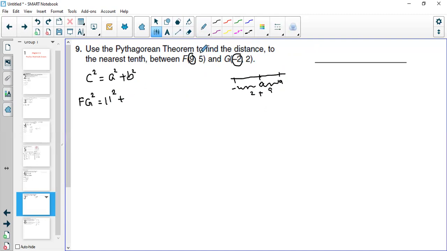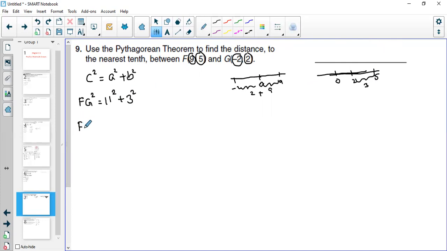Now, to find the value of B, I have 5 here, I have 2 here. So this is the line, here is 0. Both of them are positive numbers, which means 2 is here and 5 is also on the same side because both of them are positive. So from 2 to 5, how many units are there? There are 3 units, right? This is going to be 3 square.